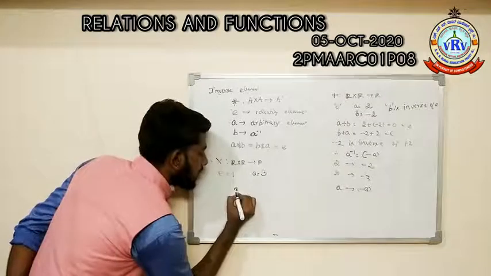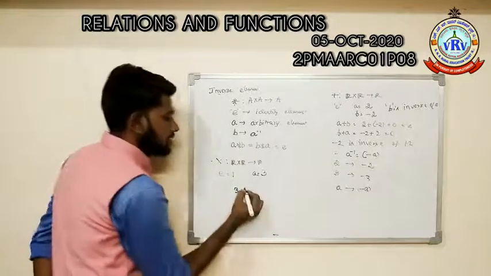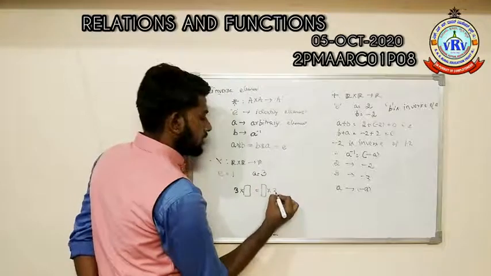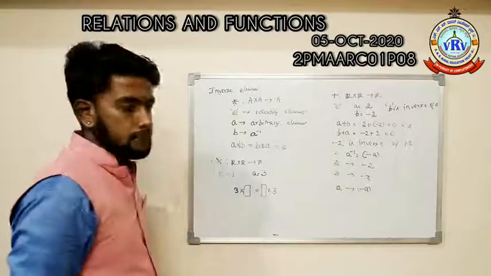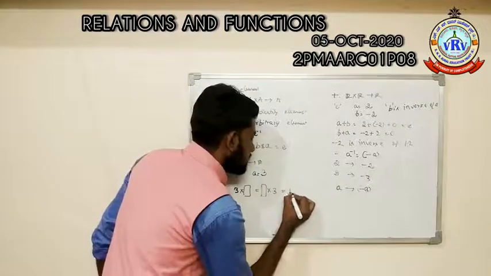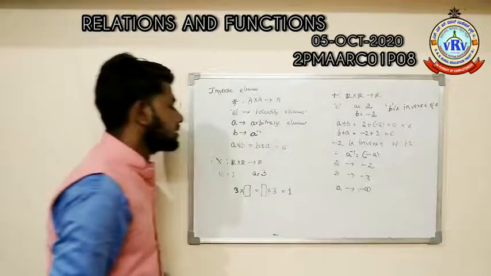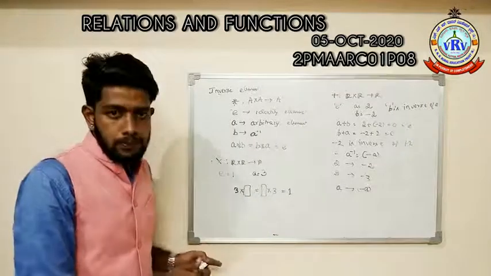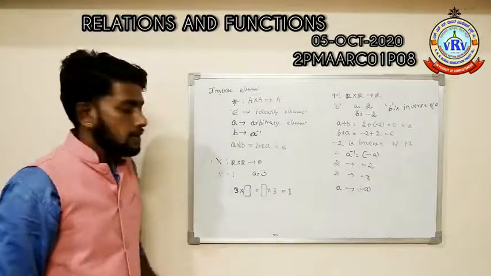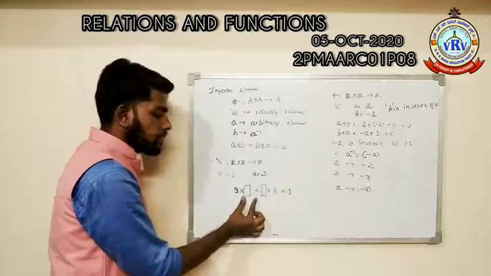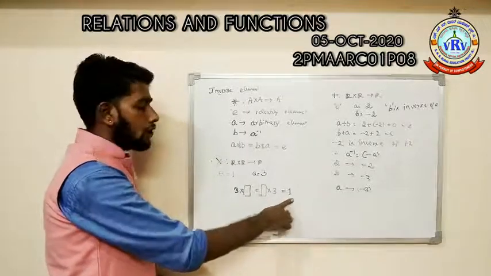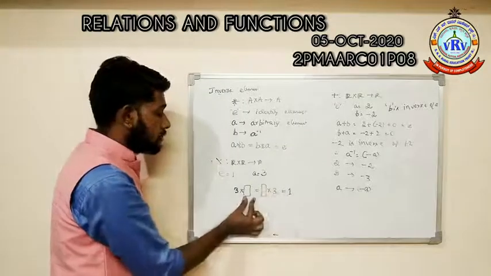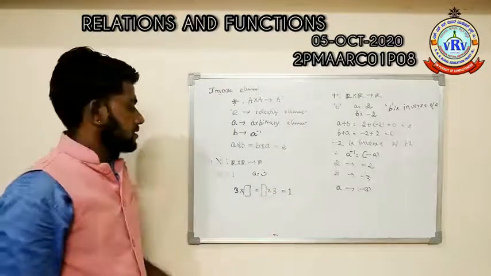If you multiply some number with 3, or multiply 3 with that number, and it returns the value 1, then the number multiplied with 3 is the inverse of 3.